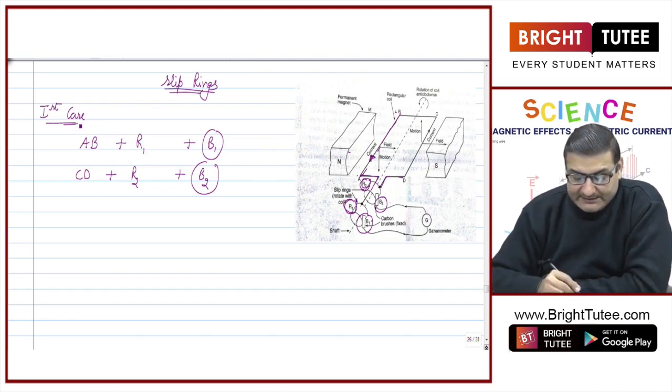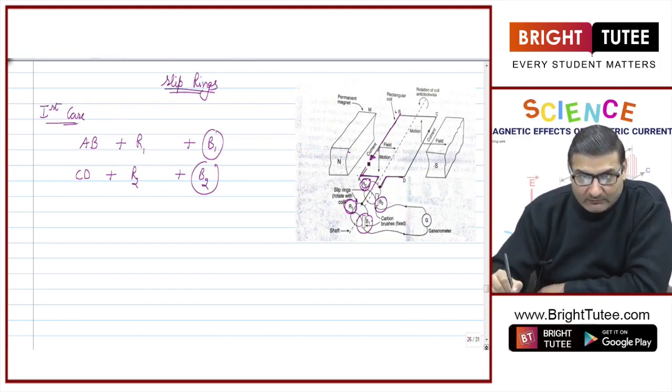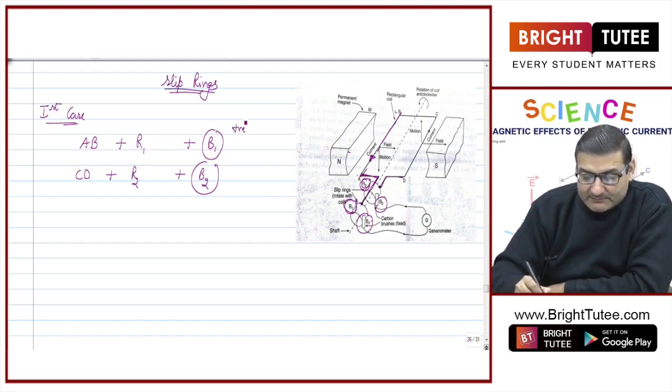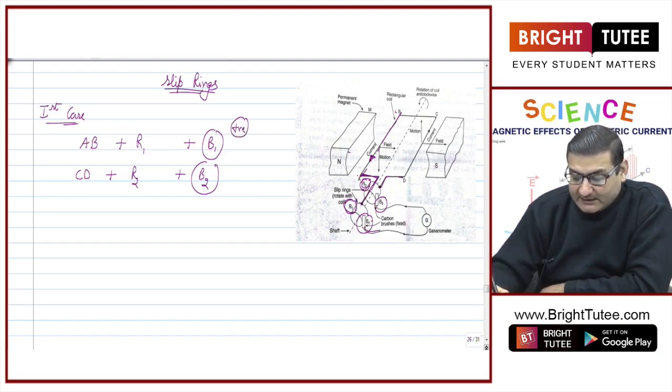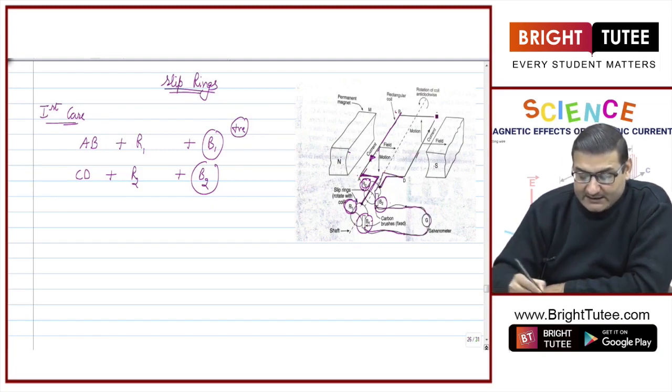In the first case, when the AB side is going down, current is produced from B to A. Because of this B to A, R1 and B1 become positively charged and the current flows the same as it did previously. So B2 will become negative.